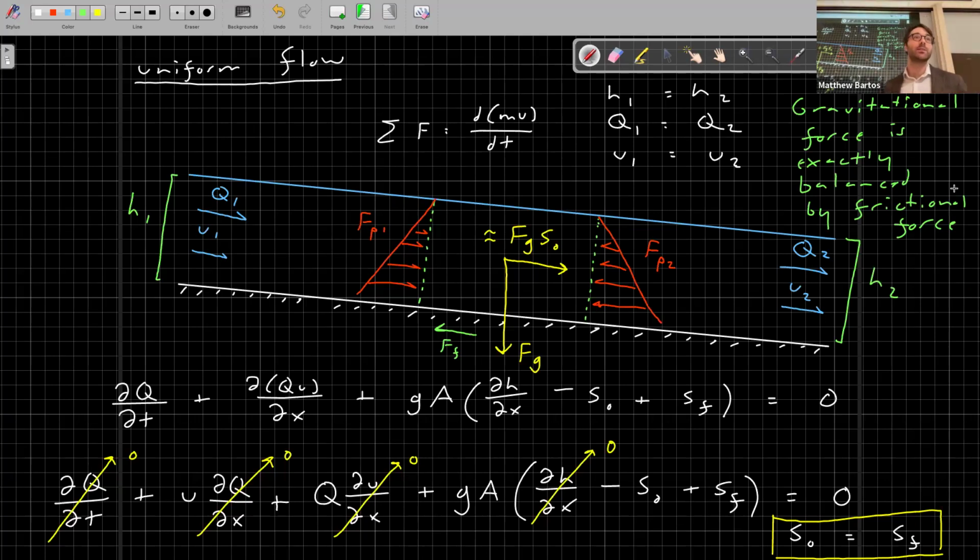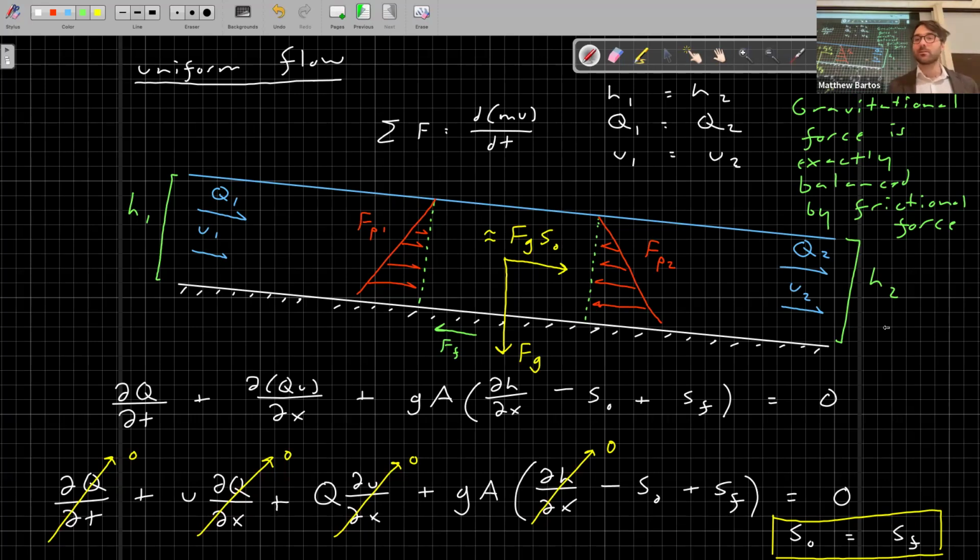And that is another equivalent way of characterizing uniform flow. It's the condition where the gravitational force is exactly balanced by the frictional force, or equivalently, that the head loss is exactly equal to the change in elevation from one point in the channel to the next.